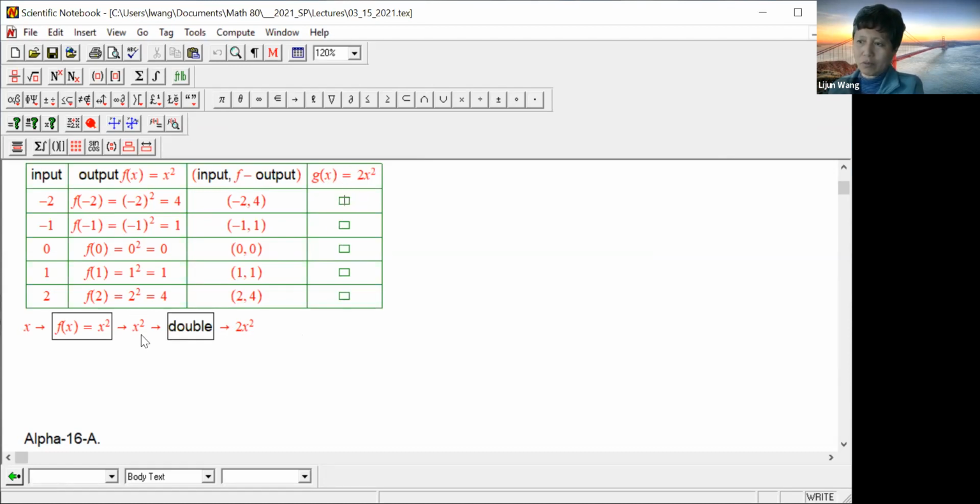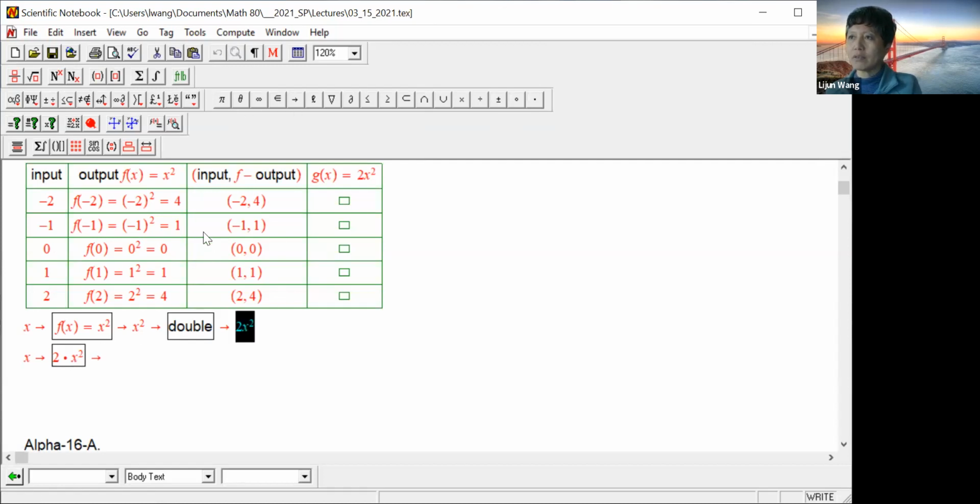Of course, there's a different perspective. You can totally just say, I'm going to make a rule of the function: I'm just going to take 2 times the input, 2 times the input squared, and then 2x squared.